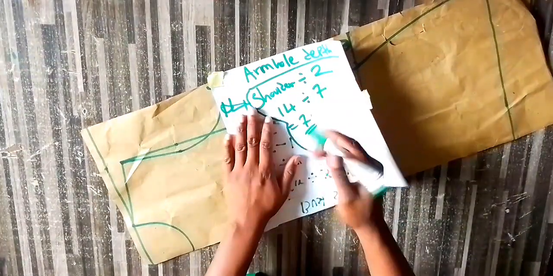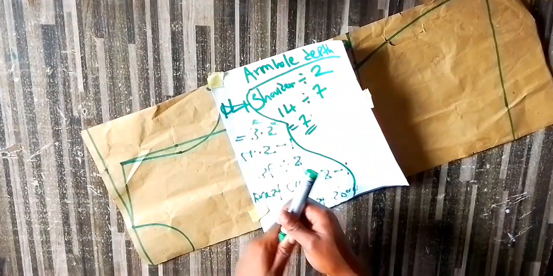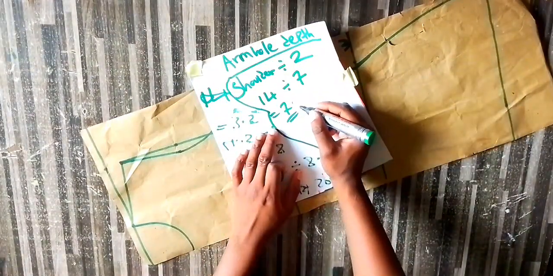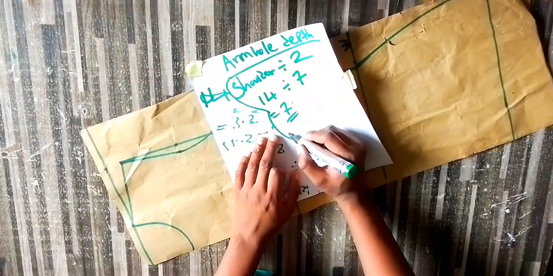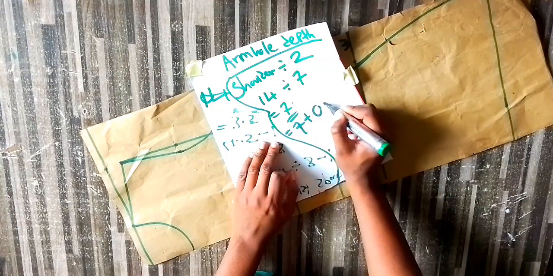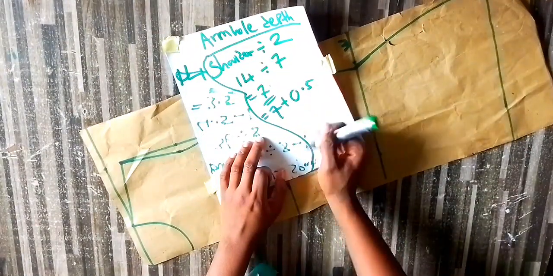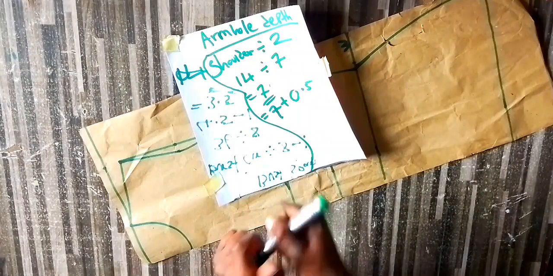But if you want ease at your top or blouse, to this 7 inches you add 0.5, which is also half an inch. This 0.5 will be your ease allowance.